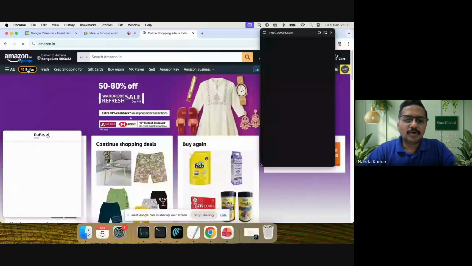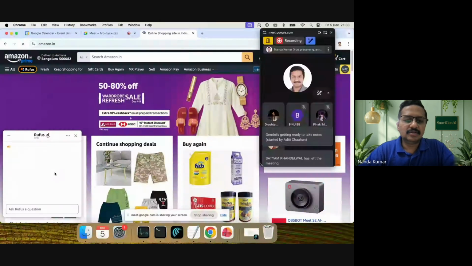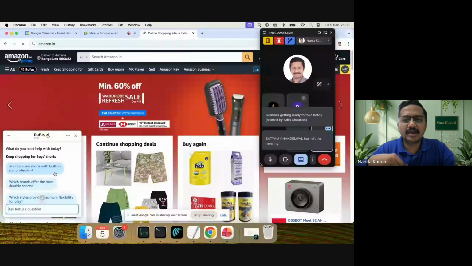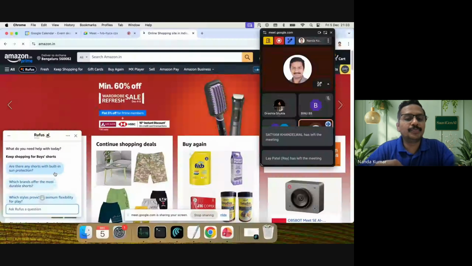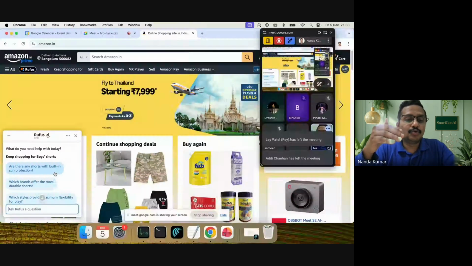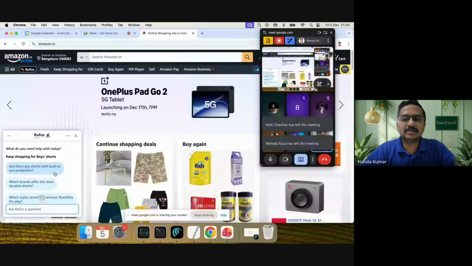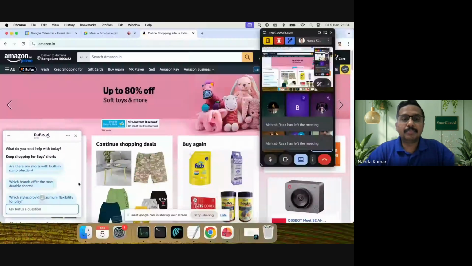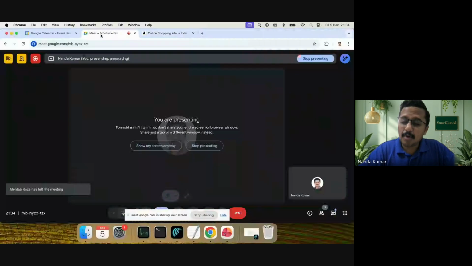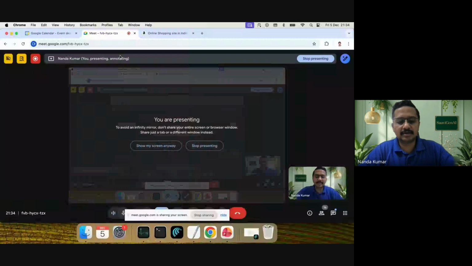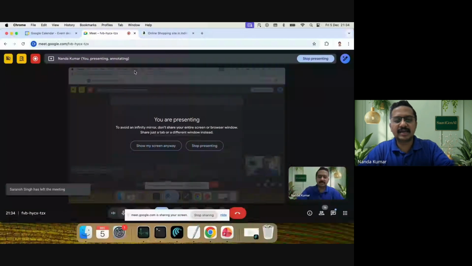First ask Rufus AI what it can do. It will tell you some instructions. Then ask what it cannot do. It will give you something. Target those things that it cannot do, and then try to make it do them. This is where you practice prompt injection. This is the best place to start your hacking journey.